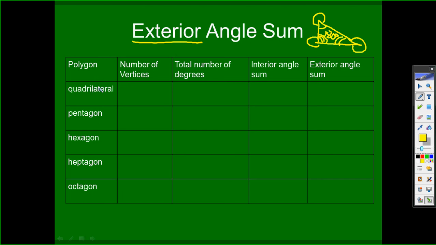If we start with quadrilaterals, we know a quadrilateral has 4 vertices. 1, 2, 3, 4. And each one of these vertices would have 360 degrees going around that vertex. So I'm going to take the 4 times 360, and I realize that this has 1440 degrees total.